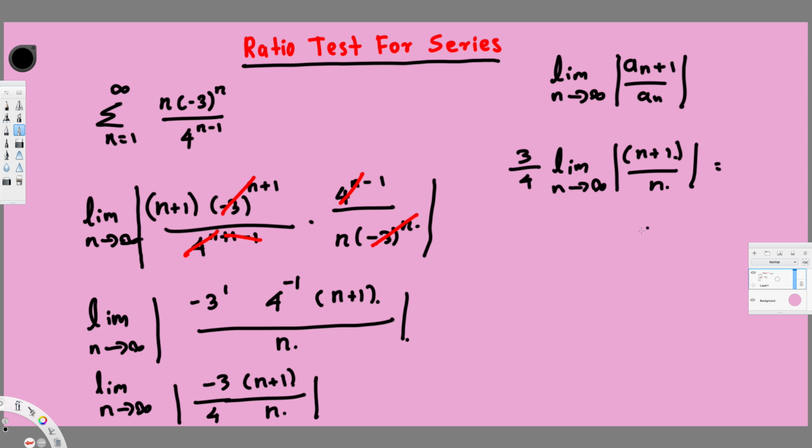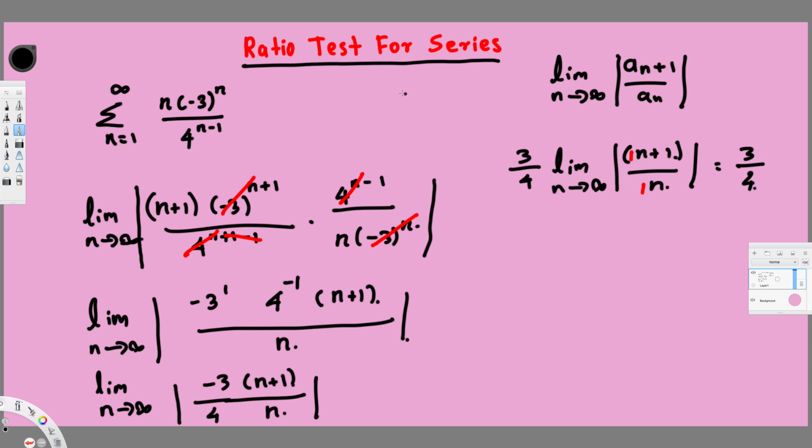As you can see, the highest power of both the numerator and denominator is the same, so the ratio of the leading coefficients is the limit. Here that is 1 over 1, so the limit is 1. Then we multiply by the 3 over 4 in front, so the final value is 3 over 4.